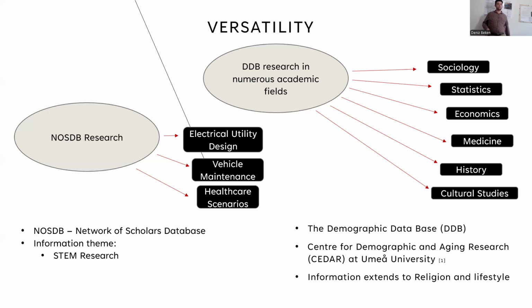Our system, the Network of Scholars Database, or NOSDB, has an information theme which is based on STEM. So we want to have electrical utility design, as I mentioned, and vehicle maintenance, so that people can go out in the field without having issues with their vehicles, and they can take care of that in the office. And healthcare scenarios. For example, one scenario that I came up with while doing research and thinking about the project was for PAs.